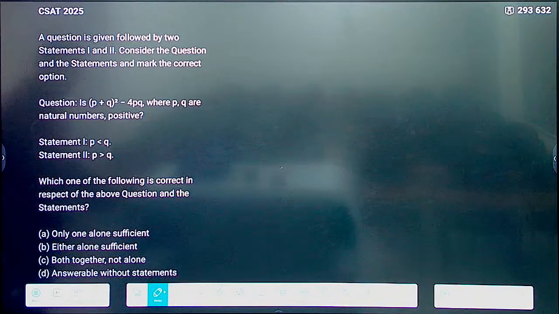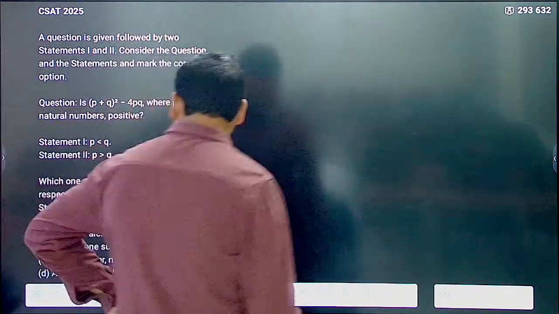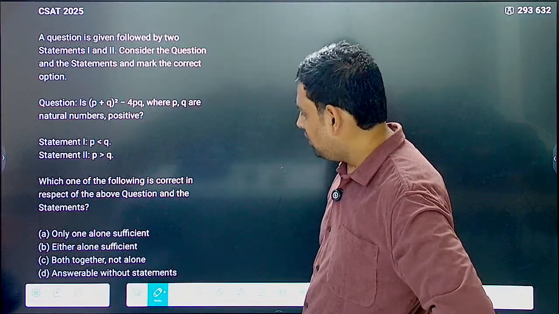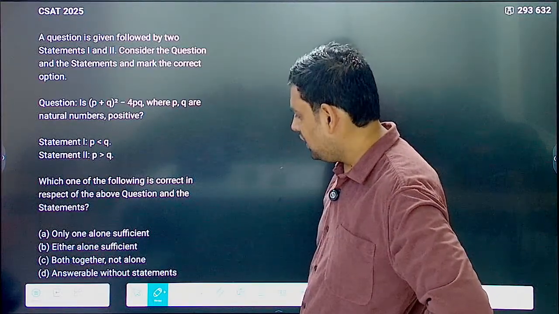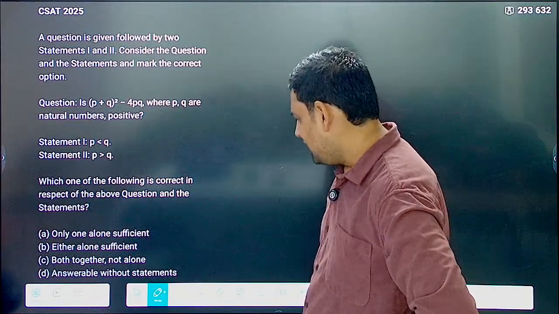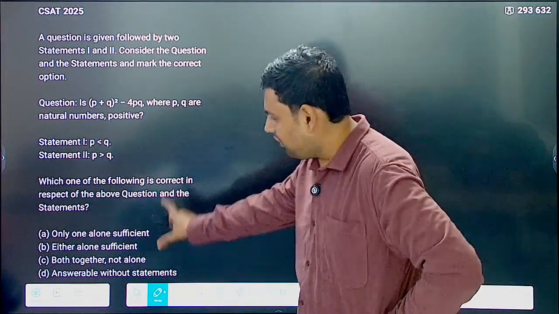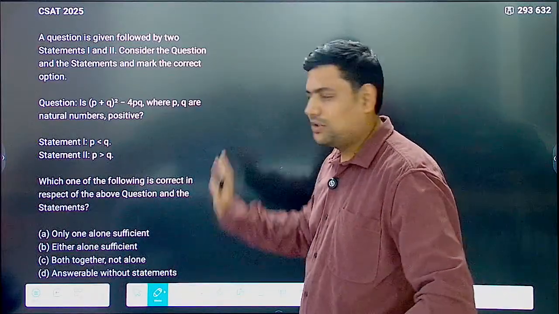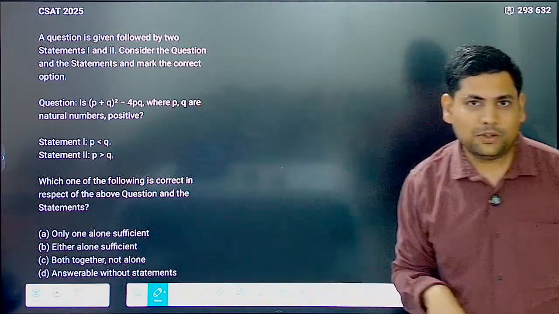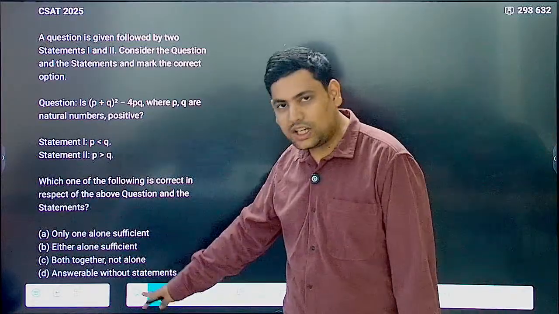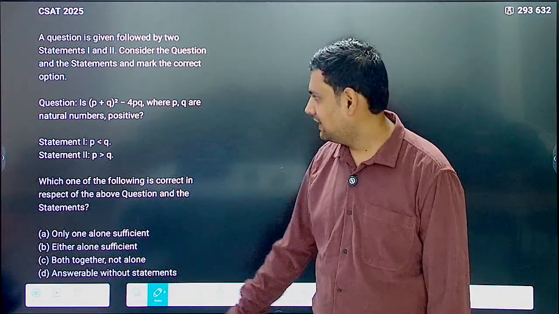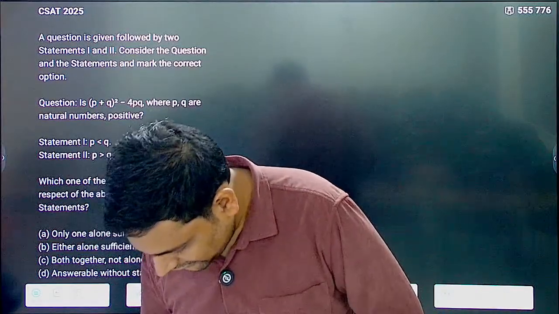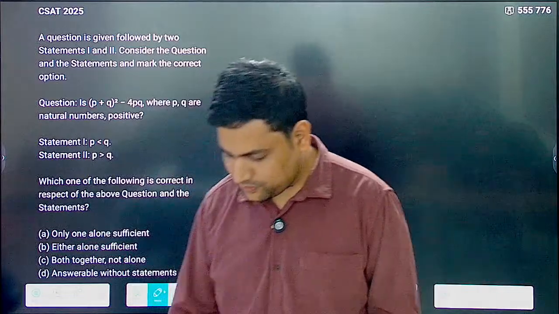So options are good. First option is only one alone is sufficient. Second option is either alone is sufficient. Third is both together but not alone are sufficient. Then D is answerable without statements. Now they give very long options. I have to reduce it so that you can see it very clearly on the board. Let's see. I want the correct answer in one go. Think about it.